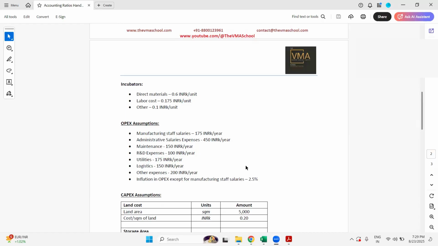So in short, I am requesting you all, whenever you are appearing for a case study round or whenever you are building a model, it's not only about interviews, guys. Even in your practical life, if there are some set of instructions that are supposed to be followed, then please follow them diligently, and please always cross check the inputs which you have placed in your model.